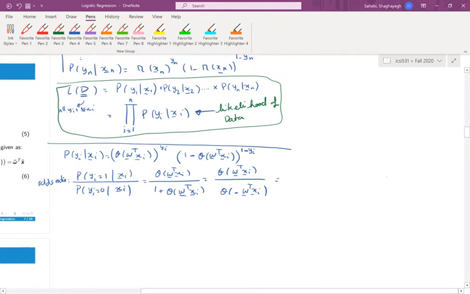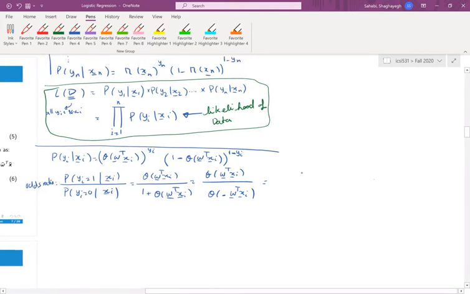Theta of w transpose xi is 1 over 1 plus e to the negative w transpose xi. And theta of negative w transpose xi is going to be equal to 1 over 1 plus e to the w transpose xi.